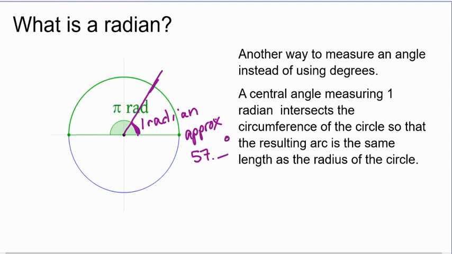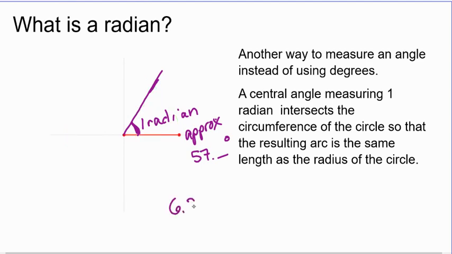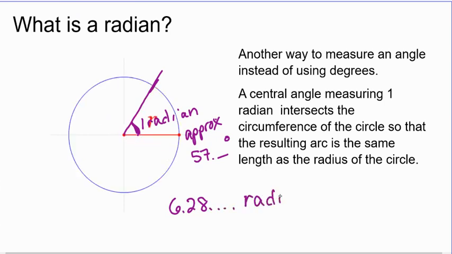It's just shy of 60 degrees. Okay, if it was exactly 60 degrees, then we would need perfectly 6 radians all the way around our circle. But what we actually have going on is that it takes 6.28, so on and so forth, radians all the way around the circle. So that is 2 pi.